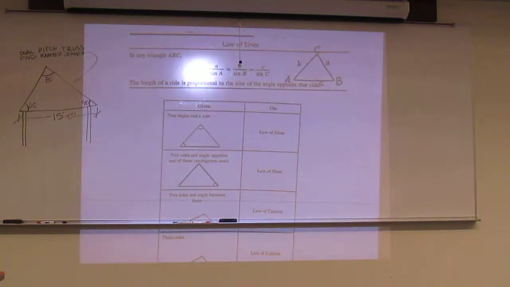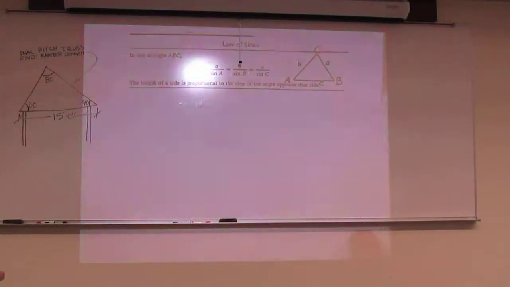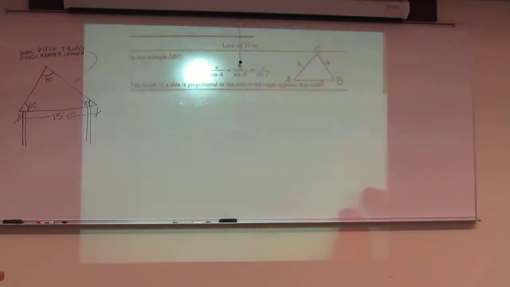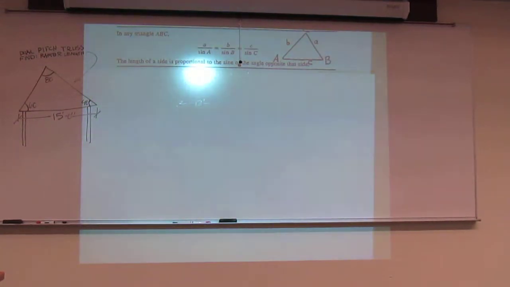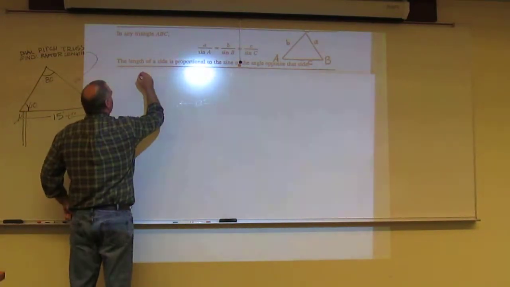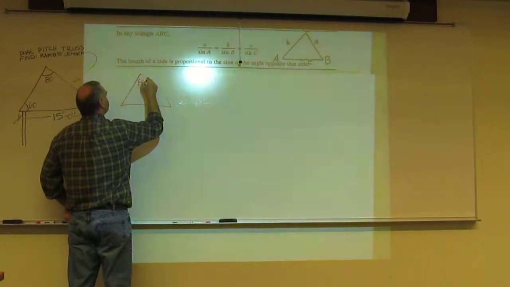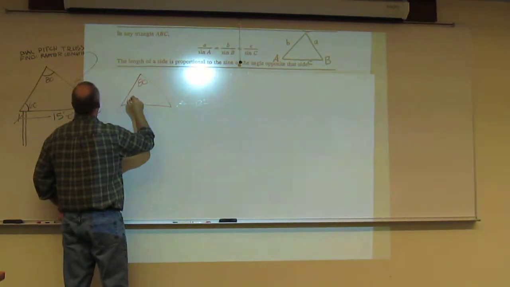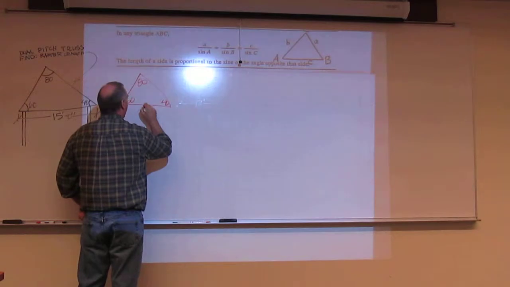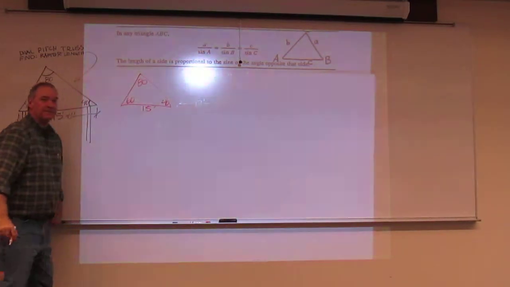I'm going to real quickly give myself a little white space here. We'll leave that up on top. So once we get this, I would suggest that you immediately rewrite your information and get rid of all your nonsense. So I know I'm 80, 60, 40, and 15 feet.